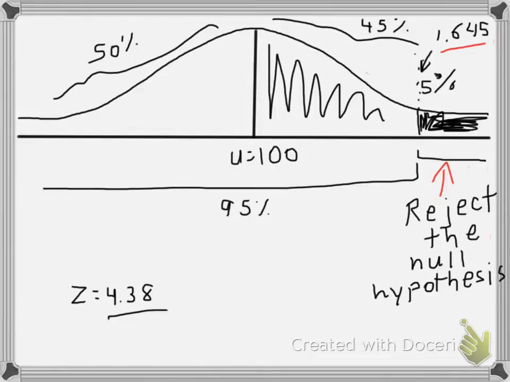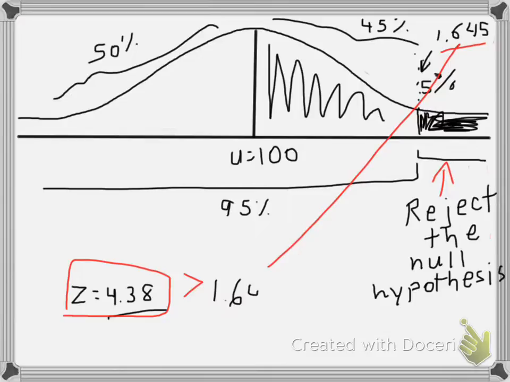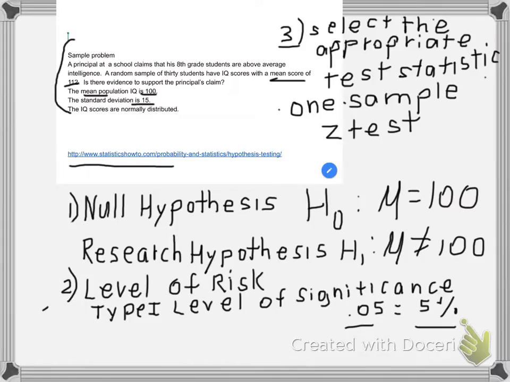So I know that my z-value is 4.38, and that is greater than 1.645. So I can, in essence, reject the null hypothesis. So if we go back to the problem, we could actually say that we have rejected the null hypothesis and the population mean does not equal 100.